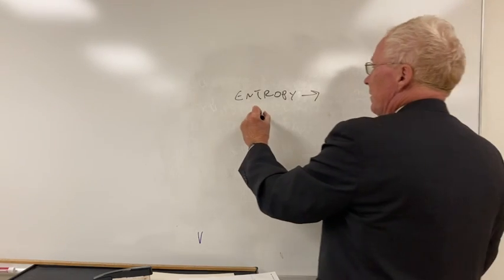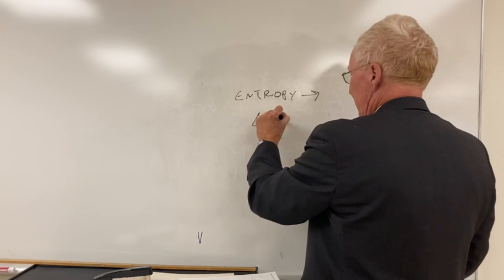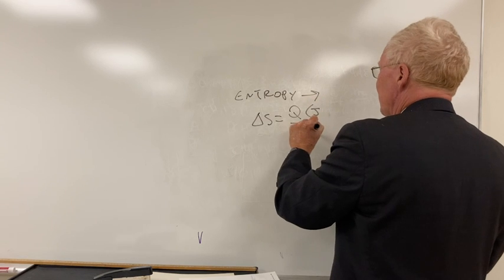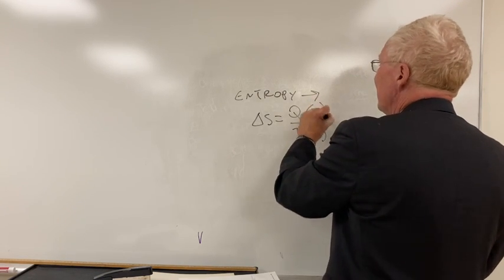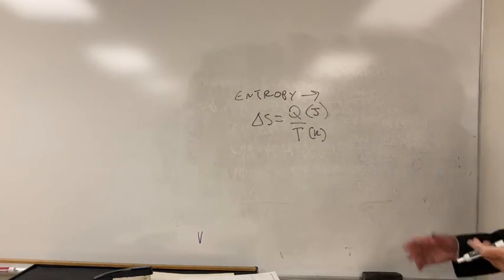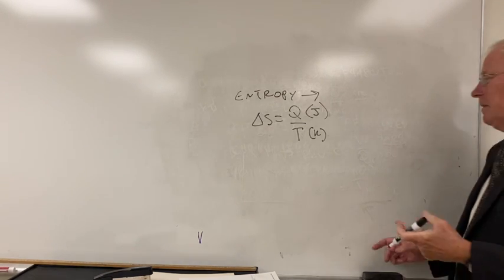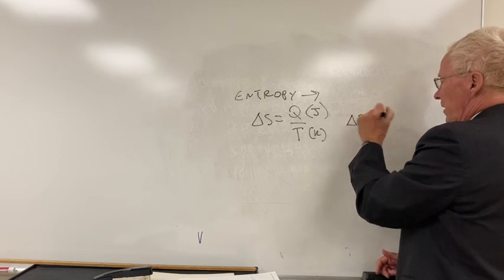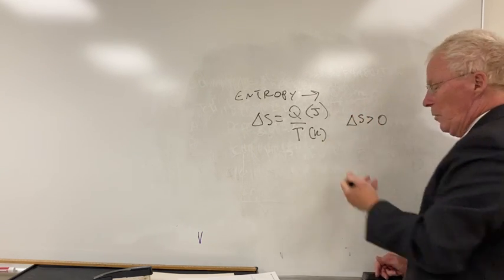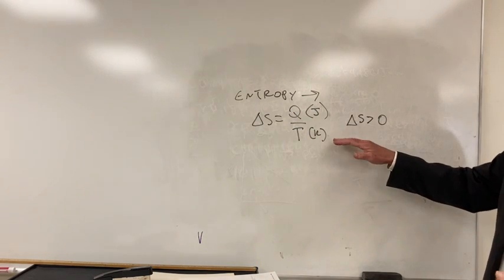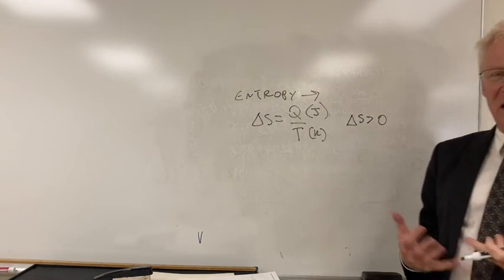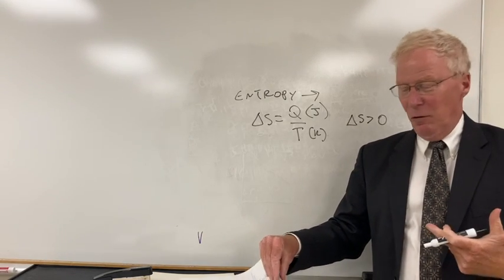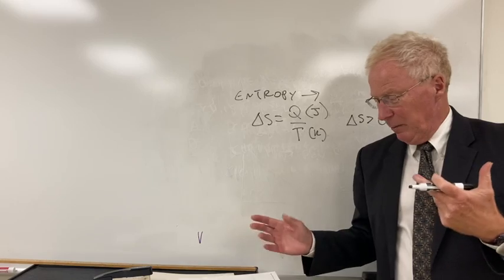And this is delta S is Q over T, where this is in joules, and this is in degrees Kelvin. So delta S is the change in entropy, and for all systems, it's going to be greater than or equal to 0. For most cases, it's going to be greater than 0, so we're leading to more disorder in that sense. So that's chapter 15, entropy in the second law of thermodynamics, and the problems with there.